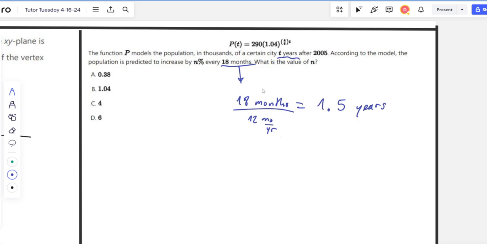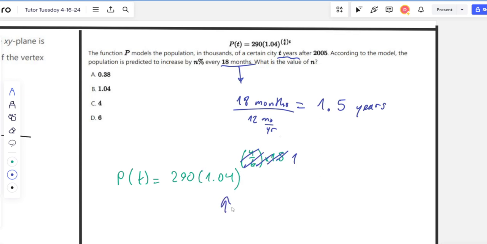So we can look at what happens when we plug in 1.5 years. p of t is going to be 290 times 1.04 to the power of 4/6 times 1.5. So after a period of t equals 1.5, 4/6 is just 2/3, and 1.5 is 3/2. So this cancels out to just 1.